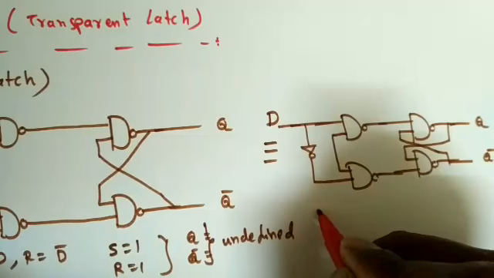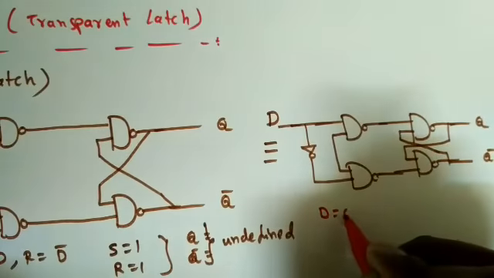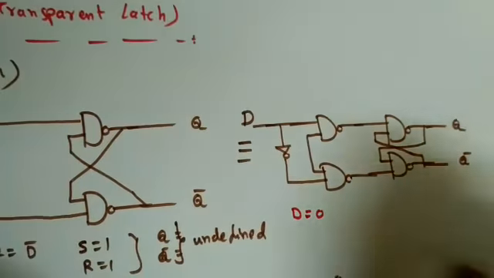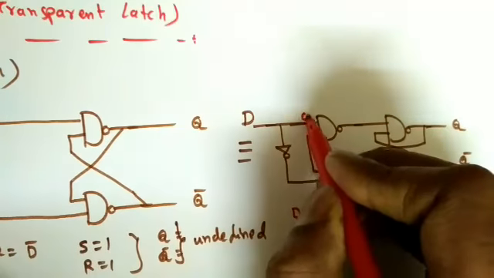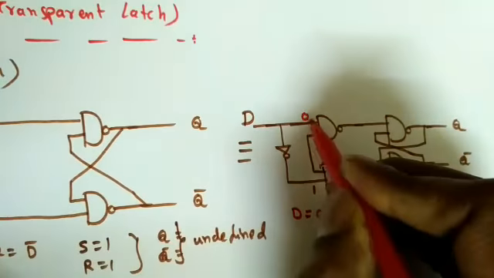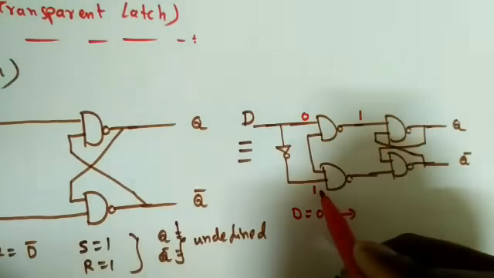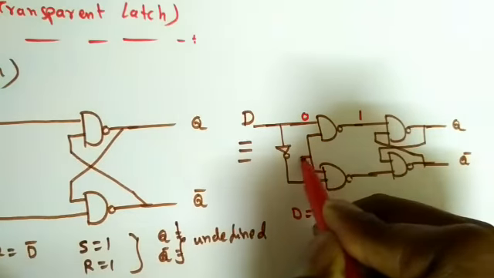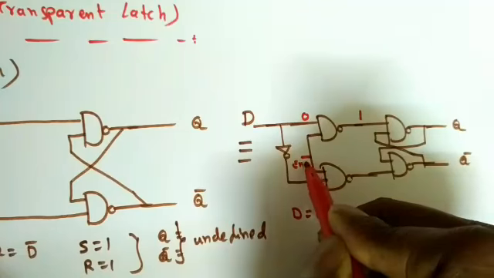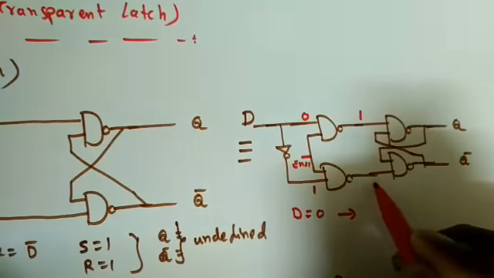Based on the operation, we will justify why it is called a transparent latch or delay latch. Now think of the operation when D is equal to 0. So when D is equal to 0, this is 0 and this is 1. So 0 into anything is 0, so I will get 1 here. This is an enable pin, so enable pin is always 1. So 1 into 1, I will get 0.